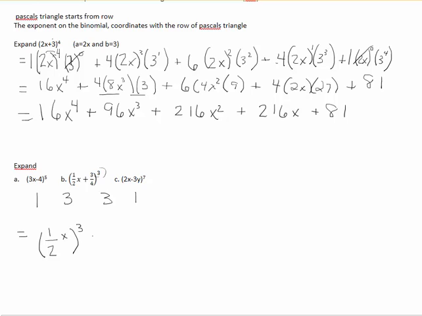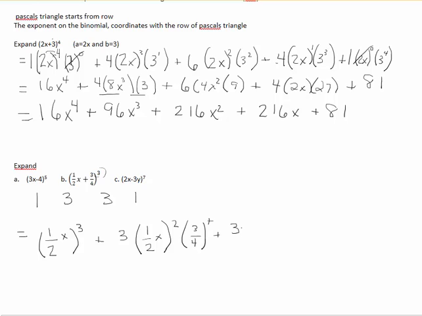My second term is to the power of 0, so I don't need to show it. From Pascal's triangle, my coefficient is 3. Then the 1/2 in descending order, so that's going down to 2. And my second term of 3/4 is to the power of 1.